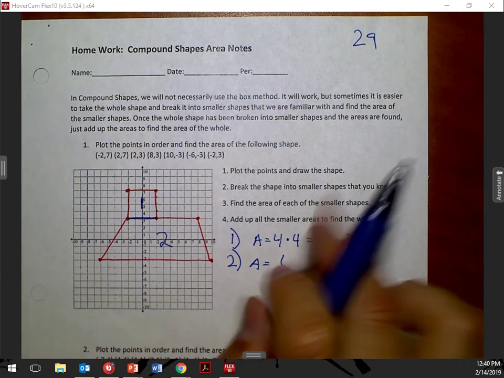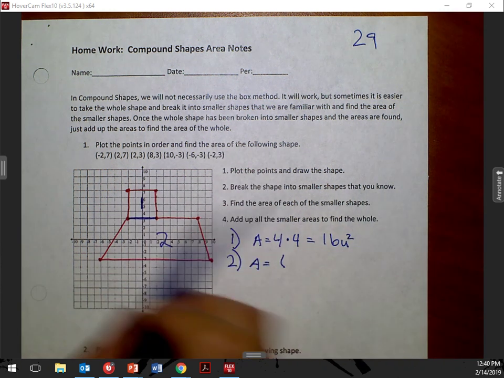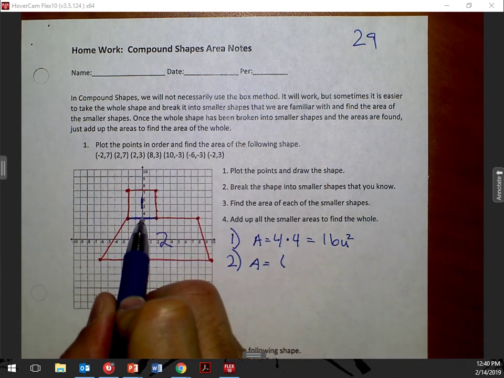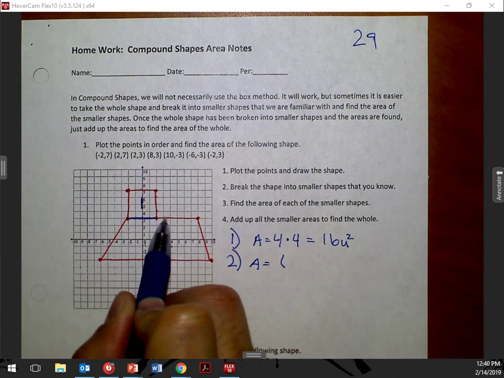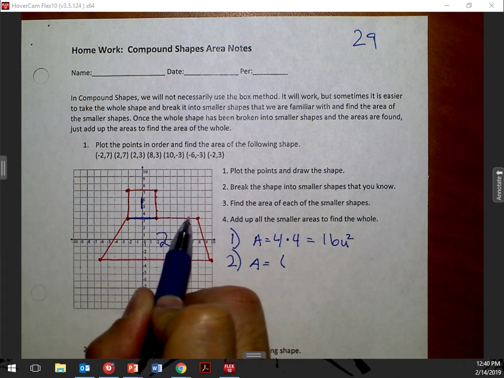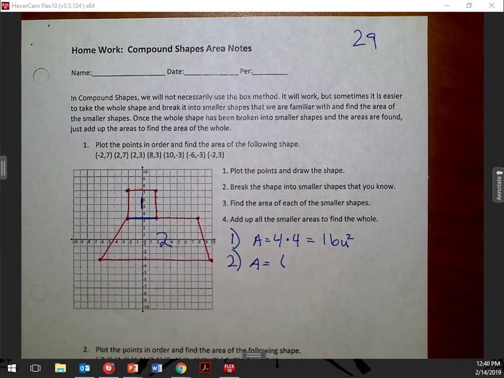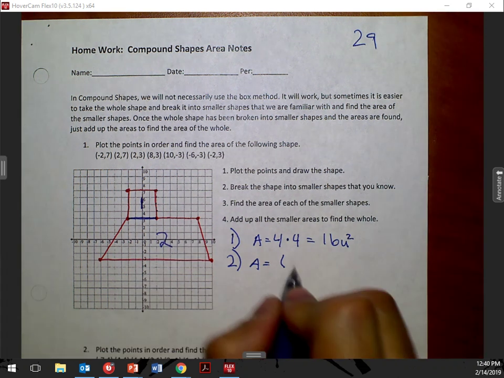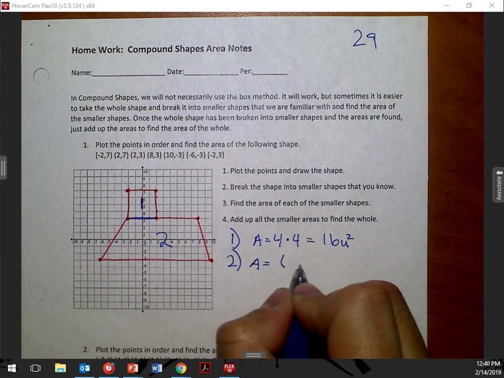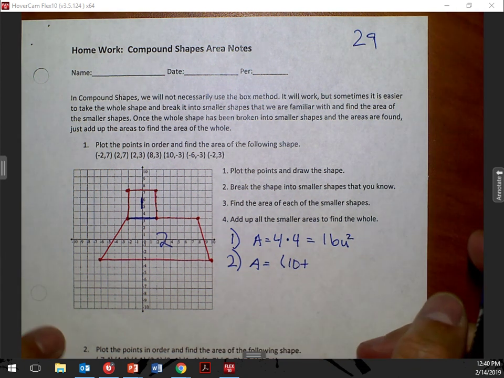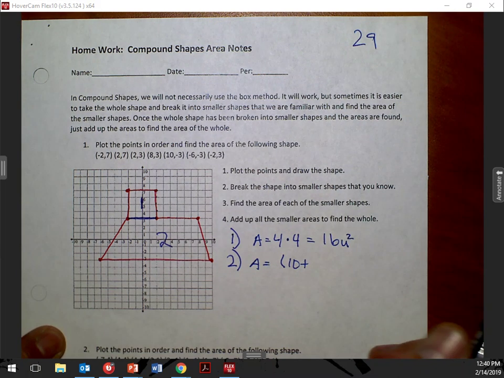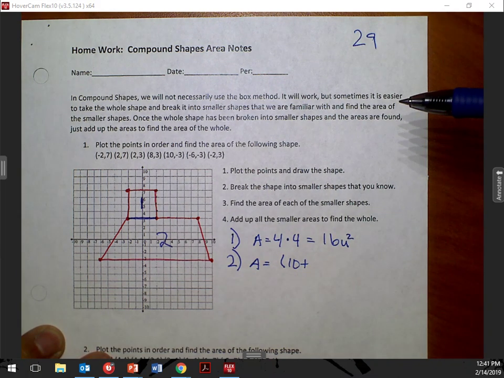So my area would be, let's count it off, right? So it's the top. So let's see what the top is. So it's going to be 1, 2, 3, 4, 5, 6, 7, 8, 9, 10. Why is it A? That's area. So it's 10 plus. What is the B2 on this one? Count it. 6.